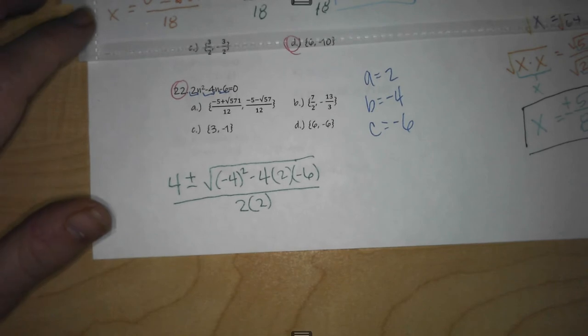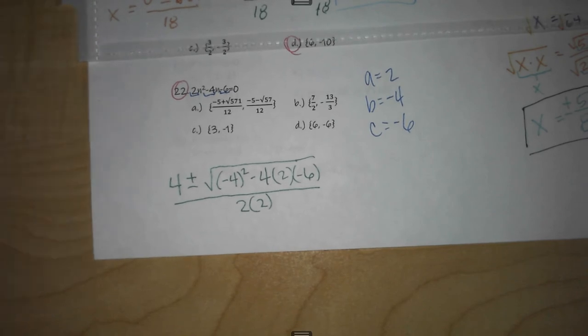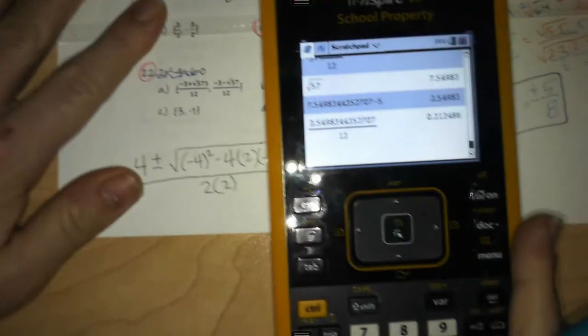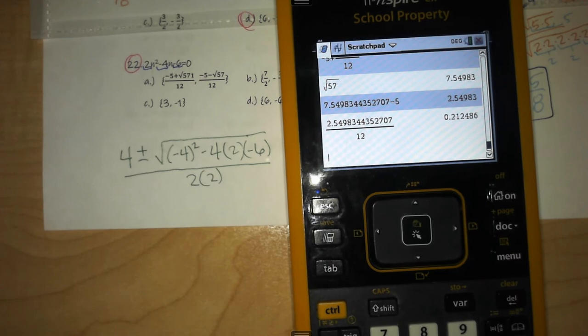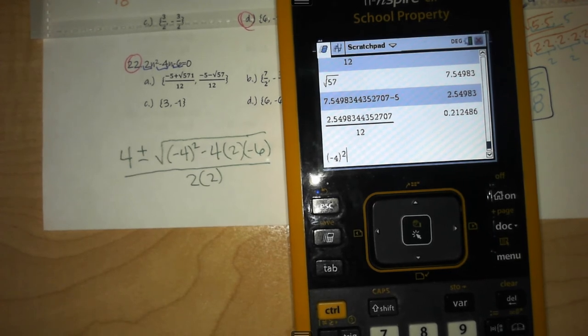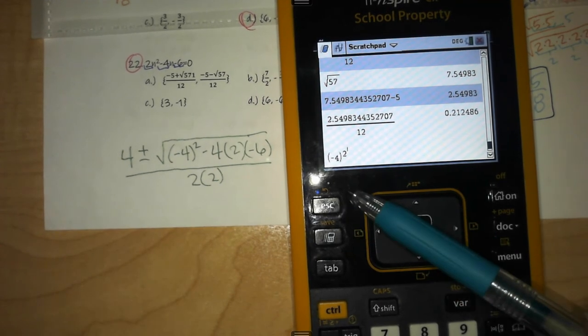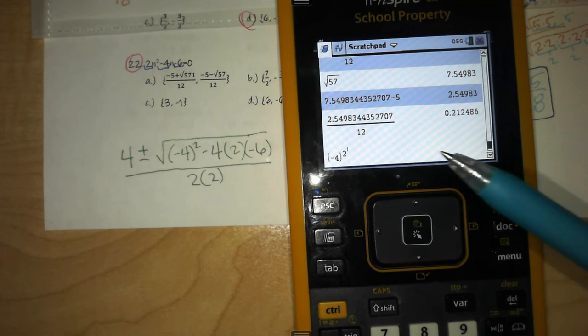Okay, let's simplify what's underneath our radical. What I like to do here is put it all in the calculator exactly as it's seen underneath the radical, but not underneath the radical in here. I'm just trying to simplify it to figure out what number is underneath there.